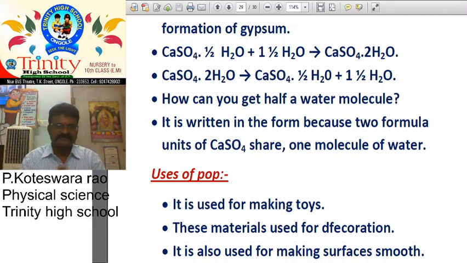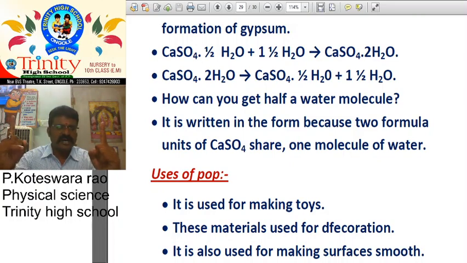Okay, listen once again. 2 formula units of calcium sulfate, CaSO4, can share how many water molecules? 1 water molecule. What is the half of 2? 1. But in our case, one formula unit of calcium sulfate shares how many?